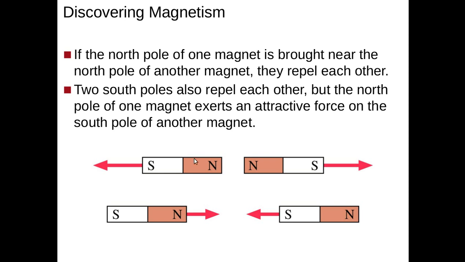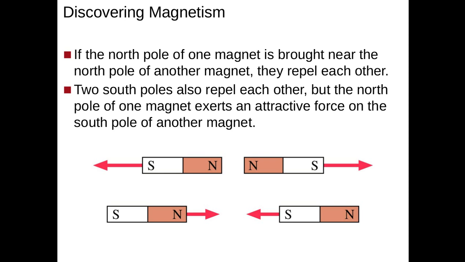So if you have magnets that are marked, you'll see that if their north poles or their south poles come close to one another, they'll repel each other, right? Kind of like charges repel and opposite charges attract. It's a similar principle. Two of the same poles of two magnets, if you bring them close together, you'll feel a repulsive force.